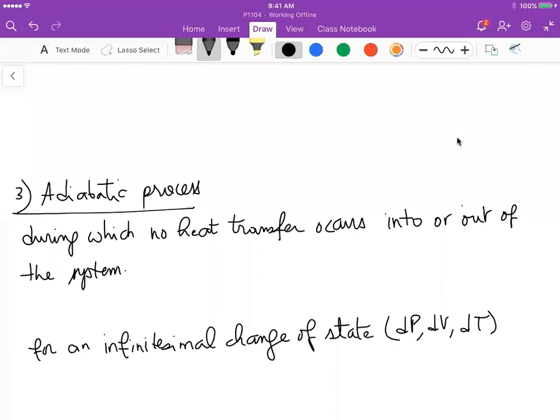So in an adiabatic process, if you want to write down the expression for the variation of the internal energy according to the first law of thermodynamics, we can write down du equals dq minus dw. But in this case, since there is no heat transfer at all, this factor is just equal to 0, then du reduces to minus dw. Okay?